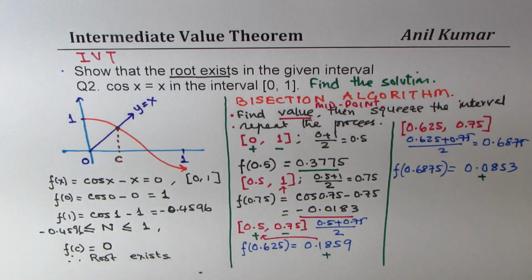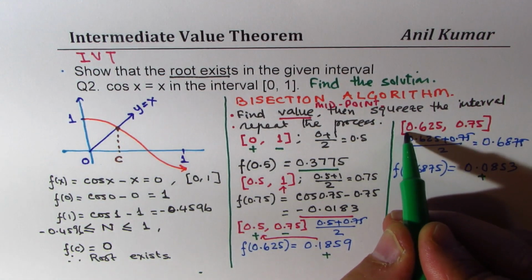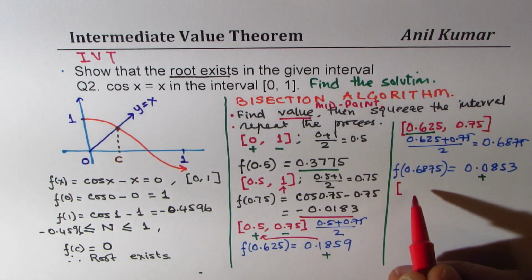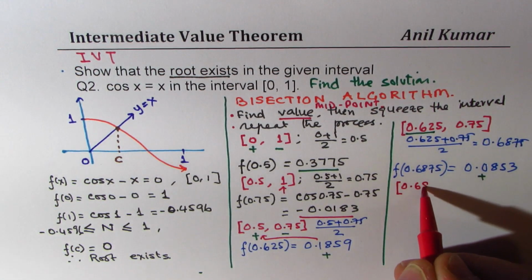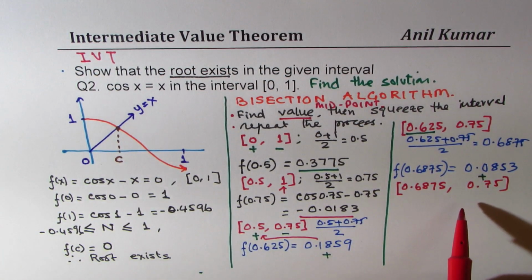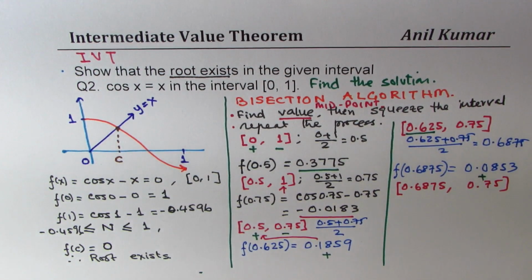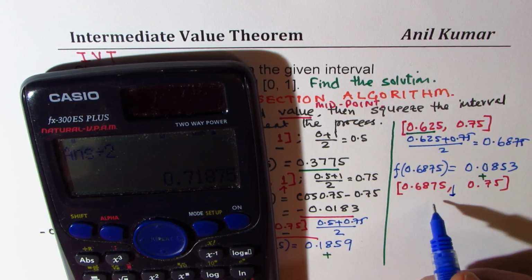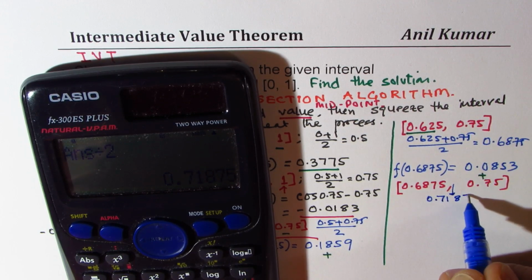So which value should we replace? We are going to again replace the value which was giving us a positive answer. So now we'll work in the interval from 0.6875 to 0.75. You get an idea. And this process is repeated. So let's find a mid value between these once again. 0.6875 plus 0.75 divided by 2 is, in decimals, 0.71875.